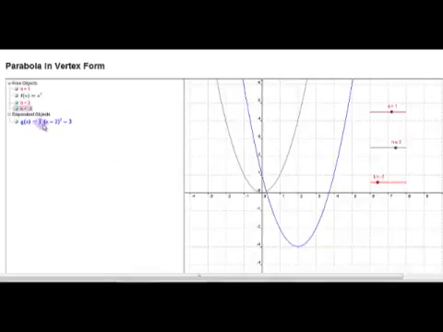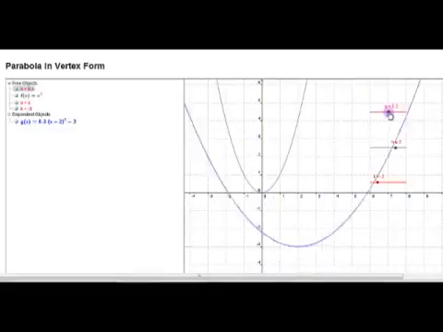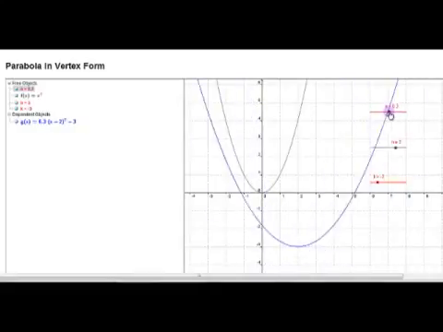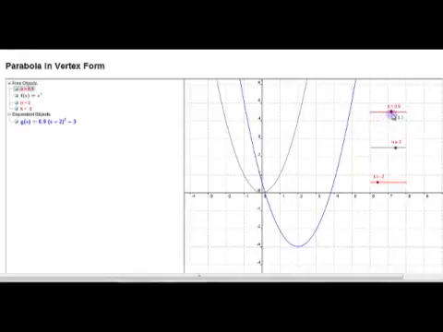So that gives me a 1 times (x minus 2) quantity squared minus 3 equation. And again, if we wanted, we could change the width of that or whether it opens up or down by moving a. So you have there your parabola that has a vertex at (h, k).